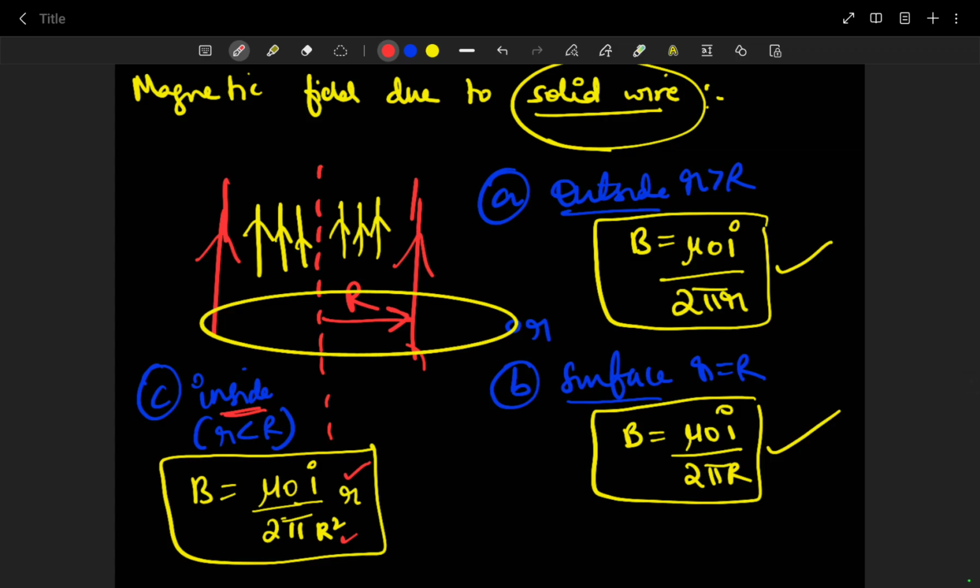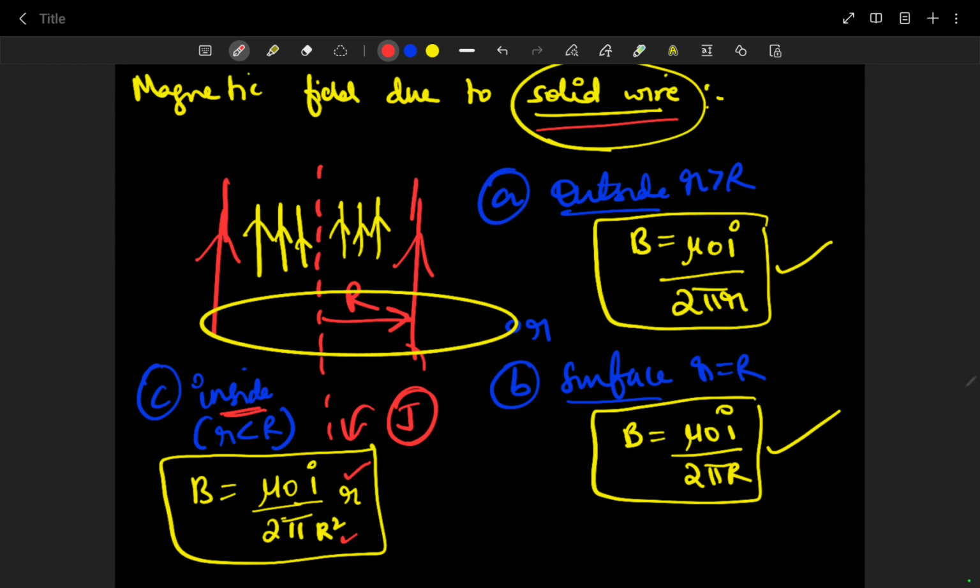When there are multiple wires populated, the inside volume is being occupied by them, so we need the help of J. J is the current density, which is why this expression changes a bit from the usual expression you have studied in a hollow wire, because a hollow wire does not have those multiple wires inside it.